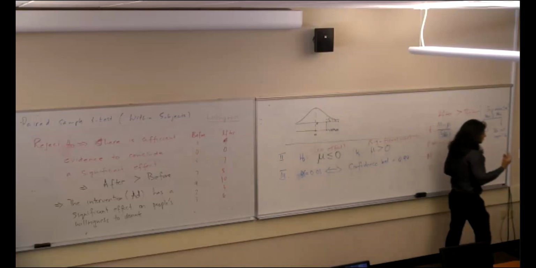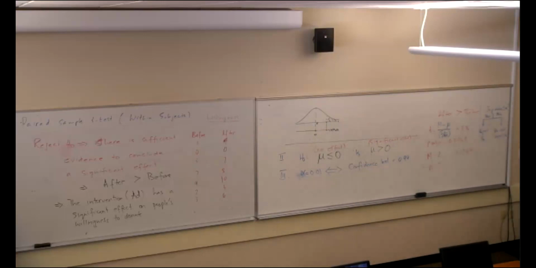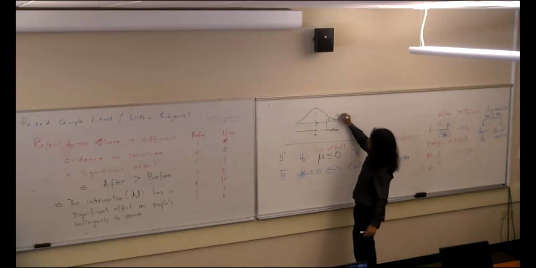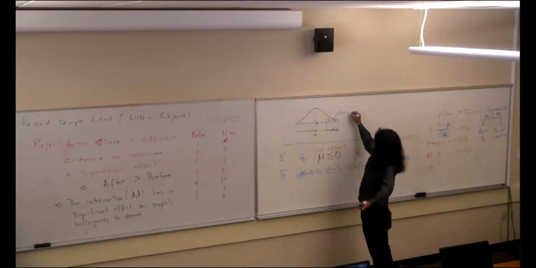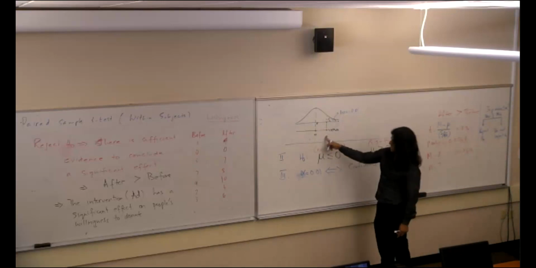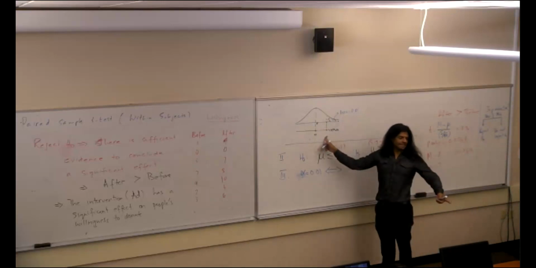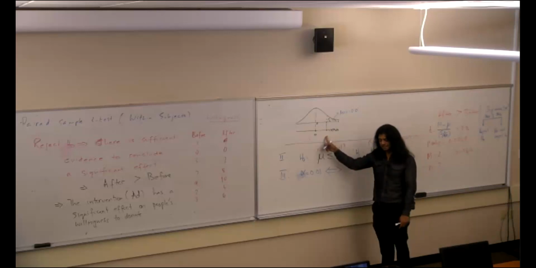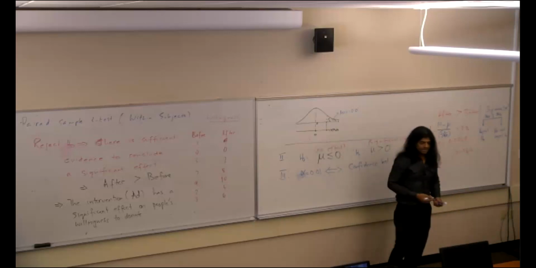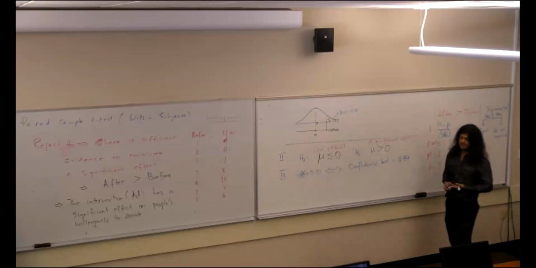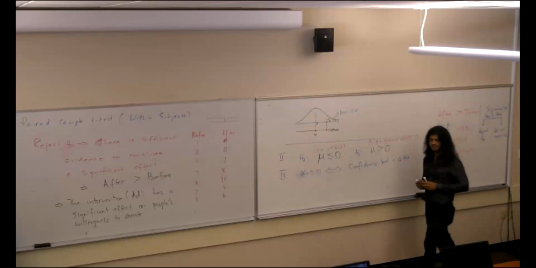What is the shaded area under the curve? 0.01. That cutoff, you either get it from the table or you get it using inverse T. In inverse T, if you put the area below and the degrees of freedom, what number do you get? 3.14.